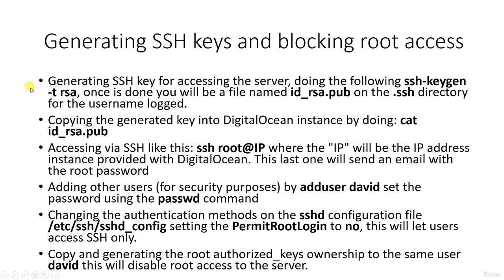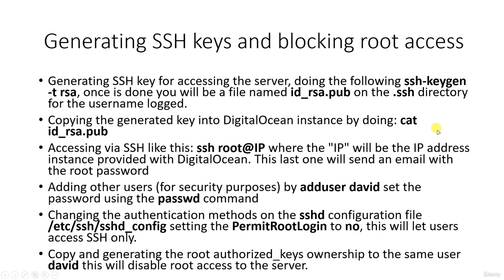Once this key command is done, you will have a file named this in the directory of this for the username logged in. Now you have to copy the generated key into a DigitalOcean instance by doing a cat id_rsa.pub.